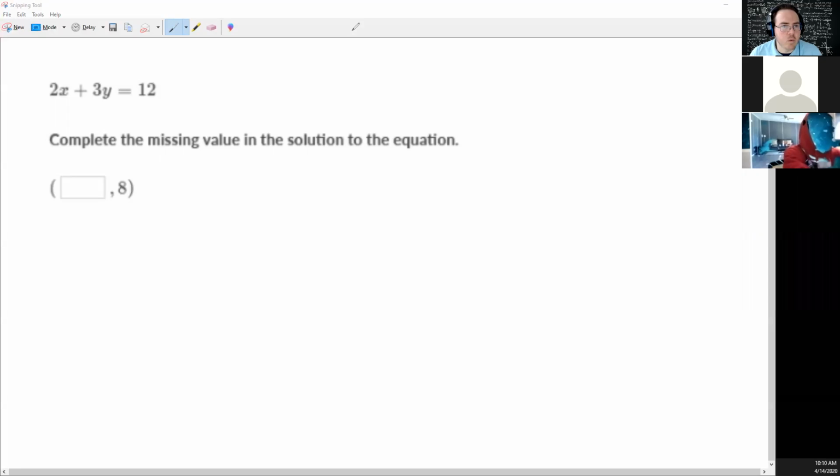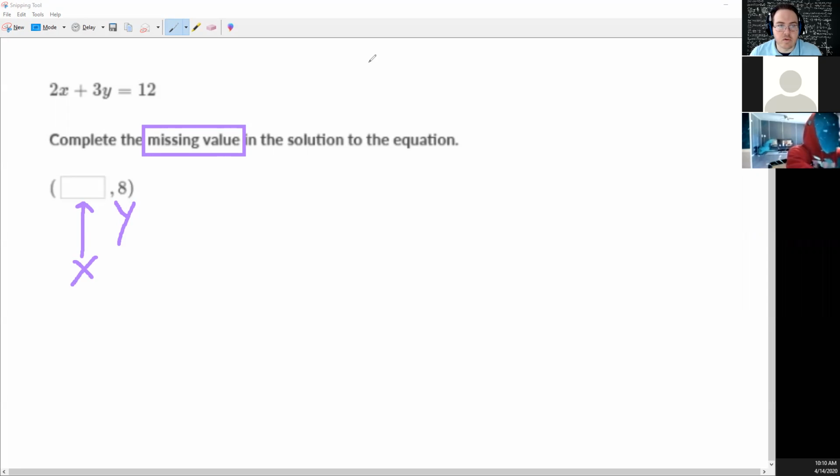So what's the information that we are given? We're told to find the missing value. And for the astute among us, you might realize the thing that's missing is the x value, because they gave us the y value, and that's paramount. That is absolutely vital.